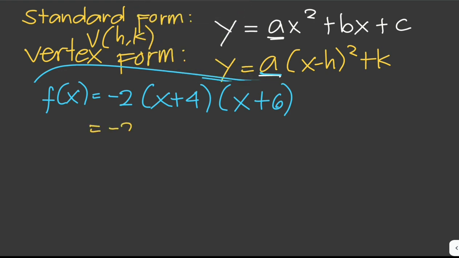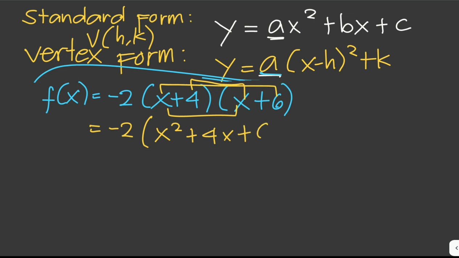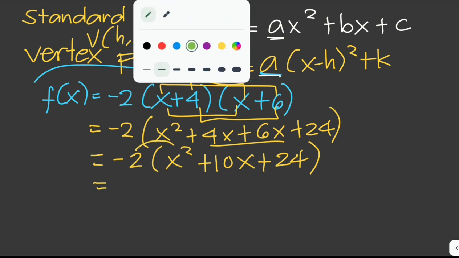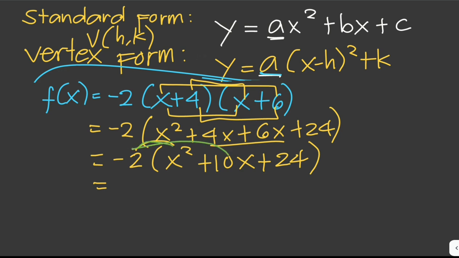So this would be negative 2 times, we multiply this, x squared plus 4x plus 6x plus 24, and then we simplify. This is just negative 2 times x squared plus 4x plus 6x is 10x plus 24, and then we distribute negative 2 to each of the terms inside the parentheses.